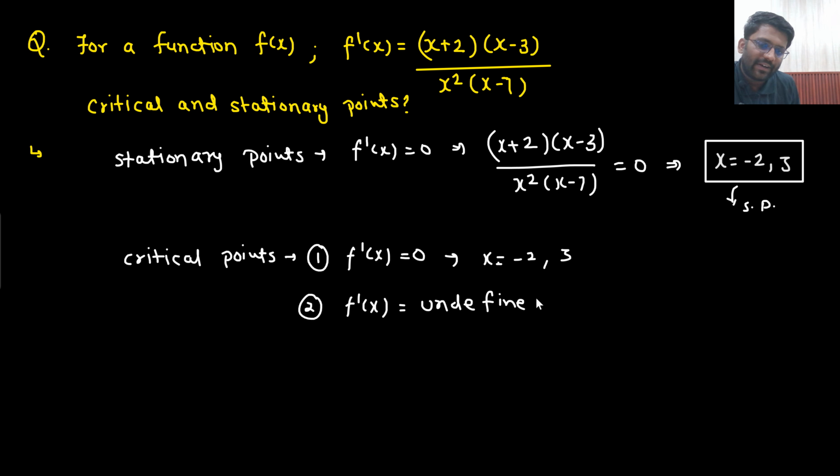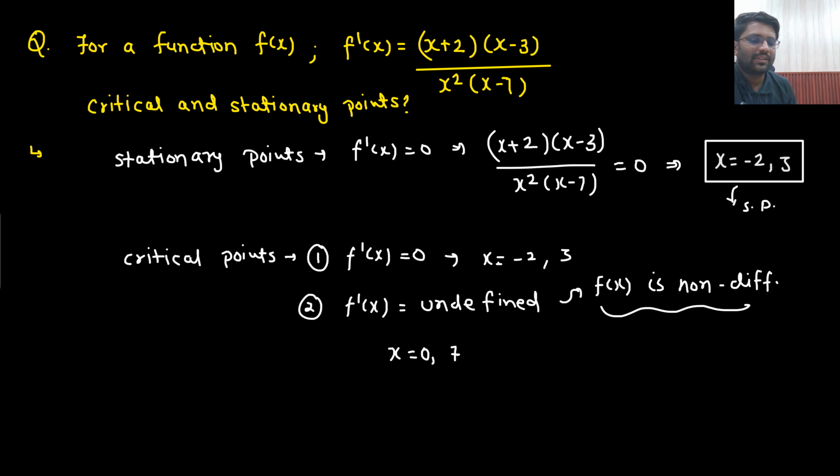That means f x is non-differentiable, but we don't need to care about it. We just need to care about when your f dash x will not be defined, at x equals to 0 and 7. Although it is not a matter of concern because f x is not even given. F dash x is already given, no? So it will not be defined at x equals to 0 and at x equals to 7.